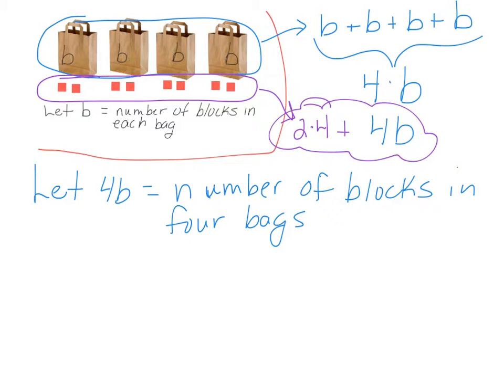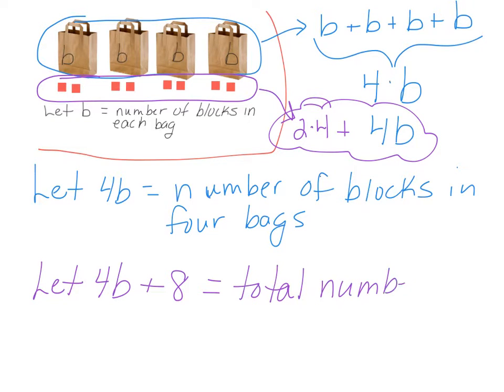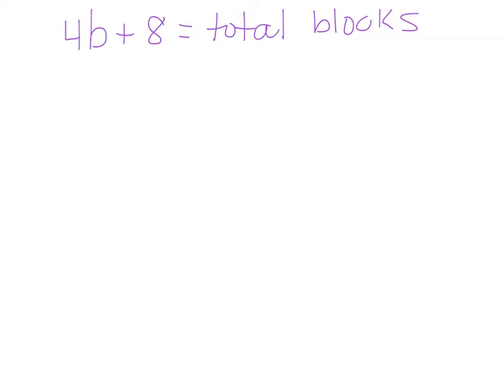So what I just wrote in purple there, don't write that, I'm just showing you this, but you are going to write this let statement. So let 4B, so that's the 4 bags, plus the 8 extra blocks in total, that is going to equal the total number of blocks. Okay, so we know 4B plus 8 is the total number of blocks from that picture with the bags.